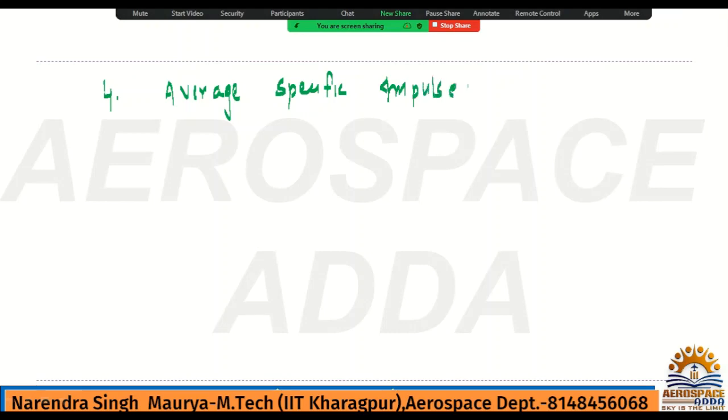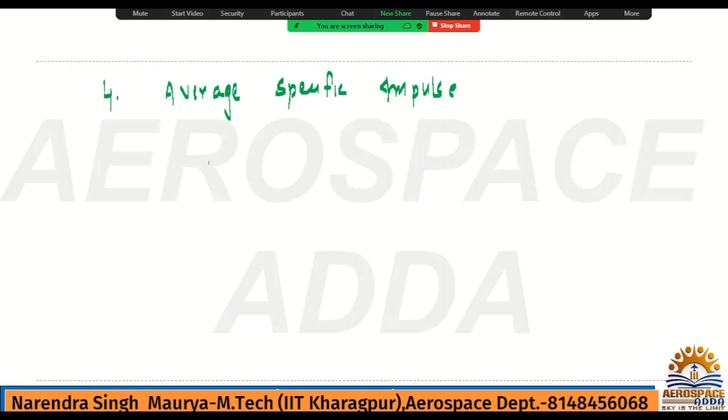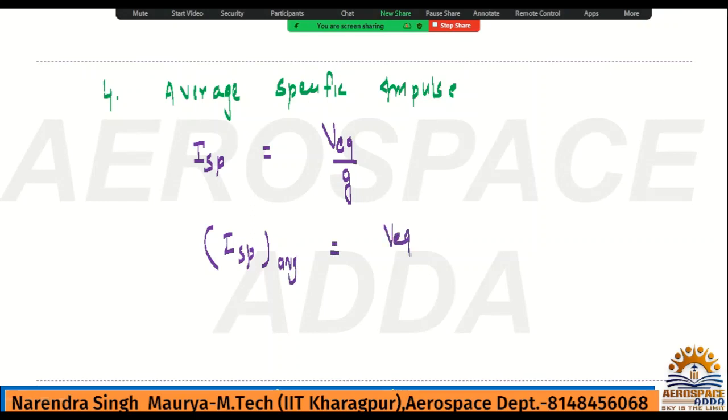How to get this? Simple. Go to the basic formula only. That Isp, we know, in the previous to previous lecture I had derived this formula, V effective divided by g. This is the general formula. If I say what is the Isp average, so simple, the effective exhaust velocity you have calculated, you just write average divided by g.